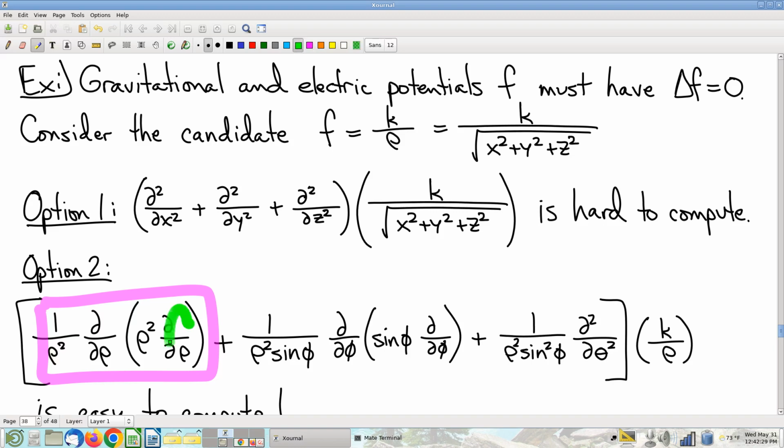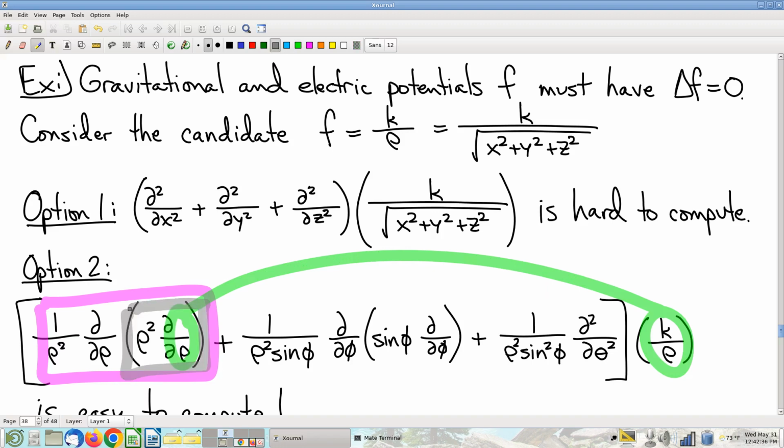So this is constant over rho squared, and that makes this just a constant. The constant's negative k. But yeah, it's still a constant is the point. So how is that term going to come to 0? Yeah, because keep in mind, I then have to take the rho partial of that, what I have in gray, and what I have in gray is a constant. And the rho partial of a constant is 0. Gotcha. All right.